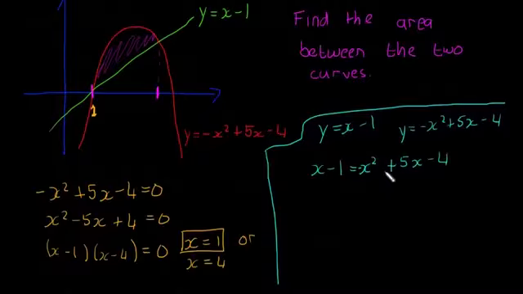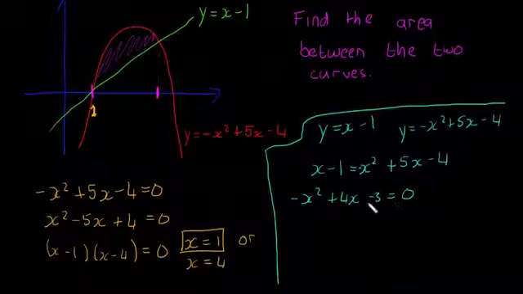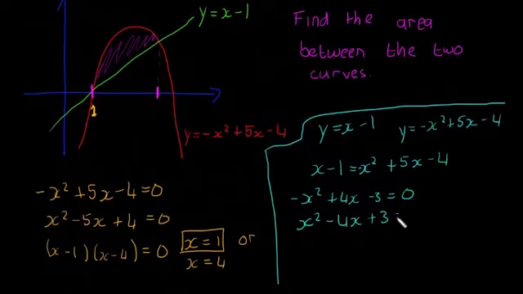If we solve this, then we can find the point where they intersect. And then that'll give us this x coordinate here. So just rearrange this. It's going to be minus x squared plus 4x minus 3 is equal to 0. Multiply by minus 1, and we get x squared minus 4x plus 3 is equal to 0.